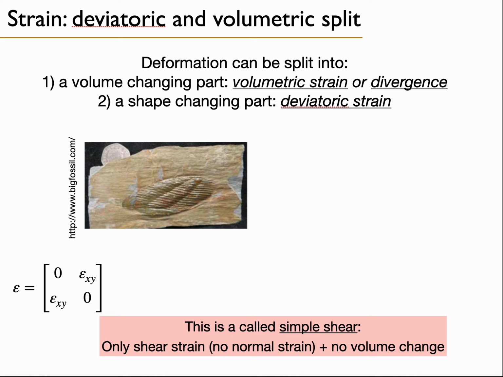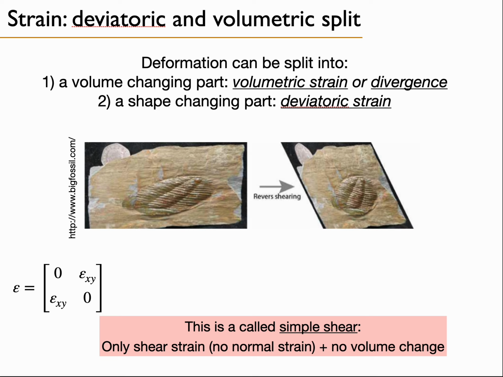Another example of simple shear deformation is, for example, sheared trilobites. Of course, these involve finite strains now, so it's not justified to study them with an infinitesimal strain tensor, but it's just to give you an idea about the application of these to geological examples.